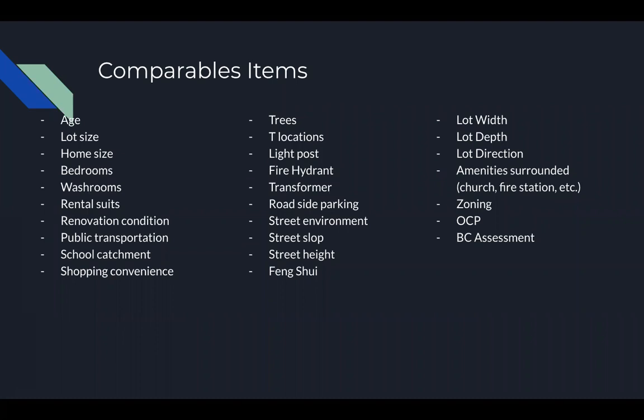Many things. The shape of the lot. Is there a fire hydrant in the front? Is there a transformer in the front? Is there a tree in the front? Is there a tree in the backyard? Every single thing will affect the listing price. So you have to look at every aspect before you make a decision on the listing price.